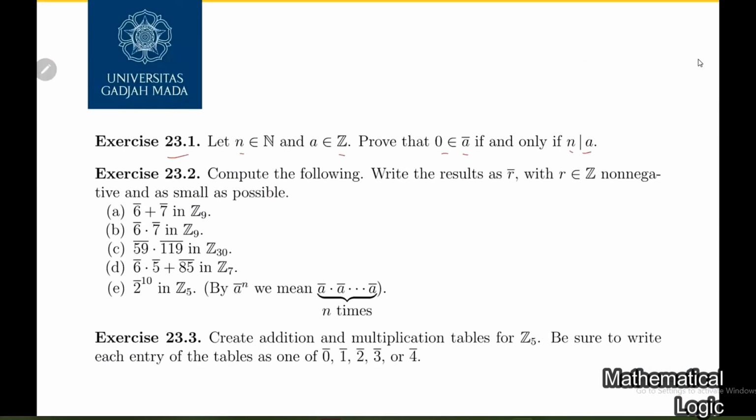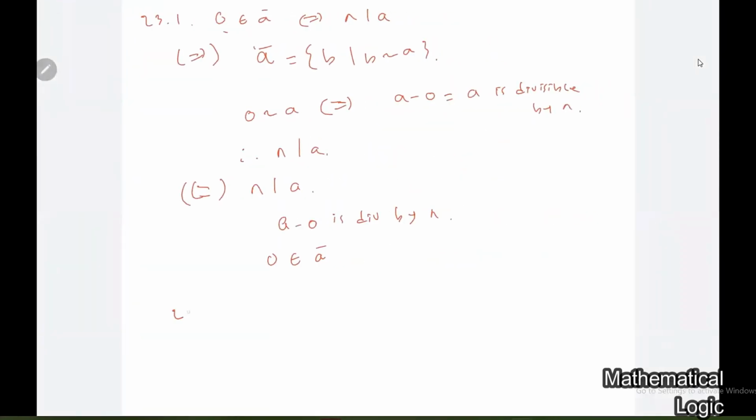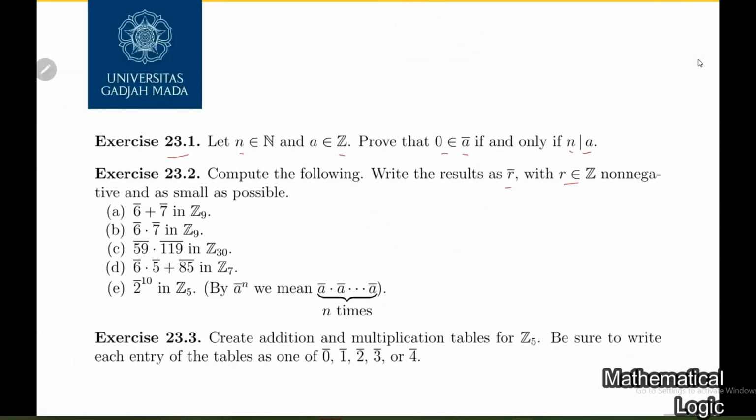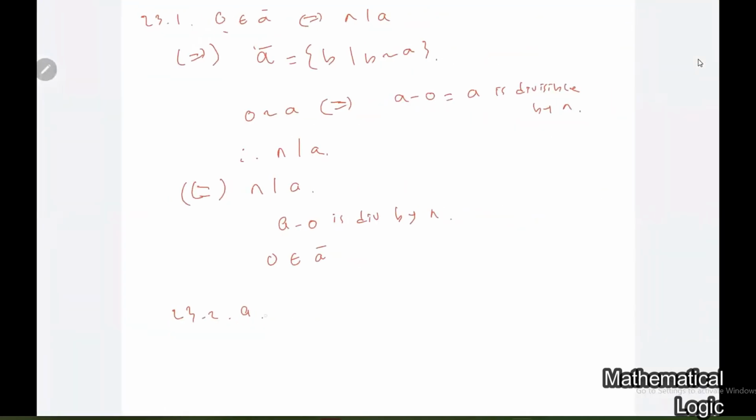And next for 23.2. This one is important, exercises that we see. 23.2 point A. In Z6, we have 6 bar plus 7 bar.